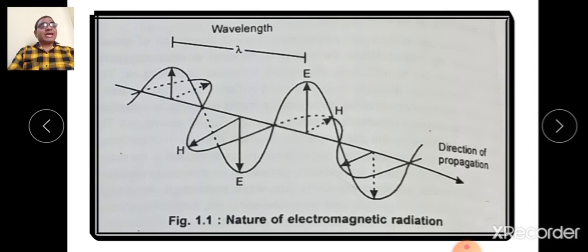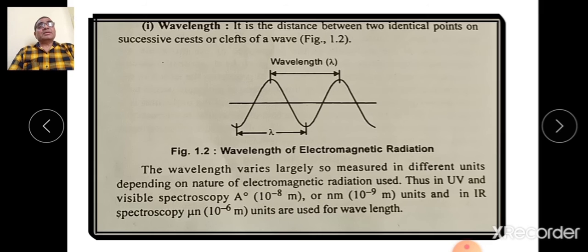Now radiation has both wave and particle nature. The wave is characterized by interrelated parameters like wavelength, frequency, wave number, amplitude. Let us see one by one. The first one is wavelength, which is denoted by lambda.